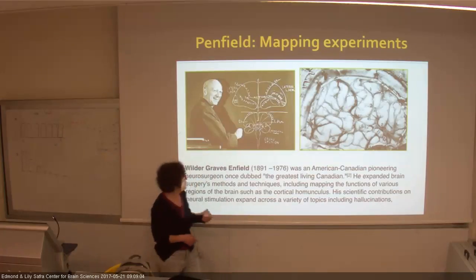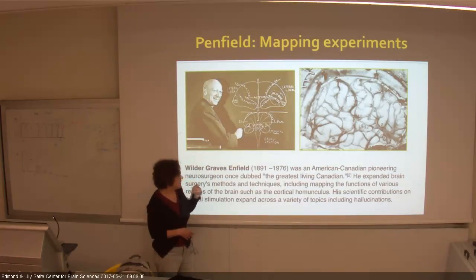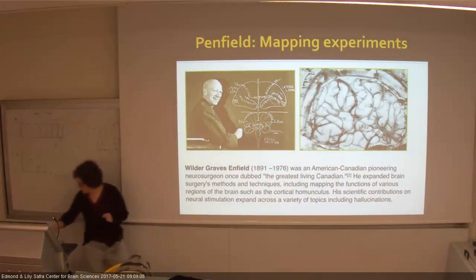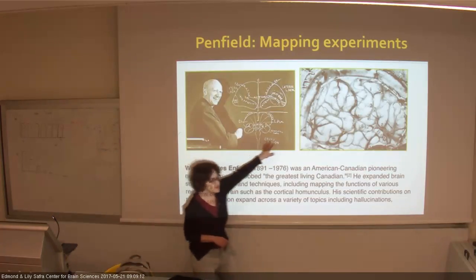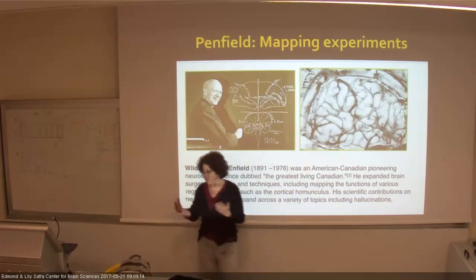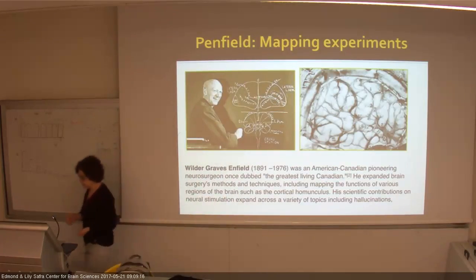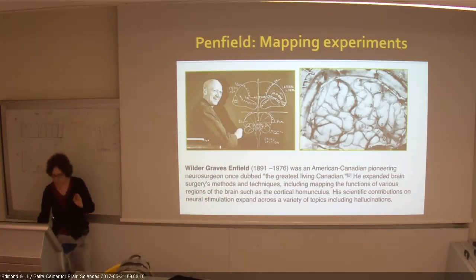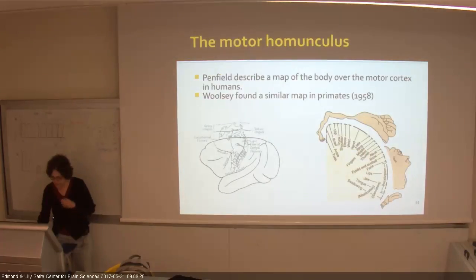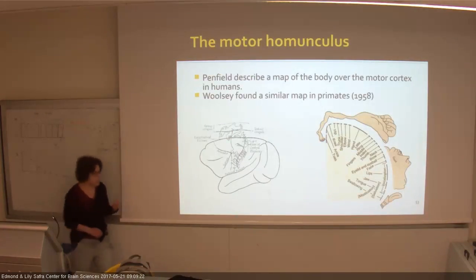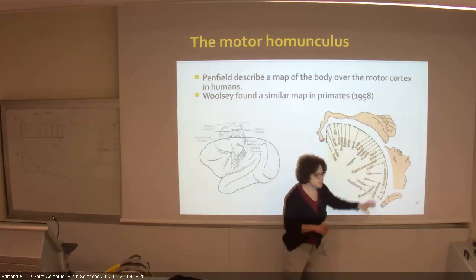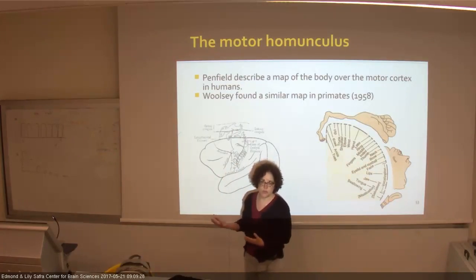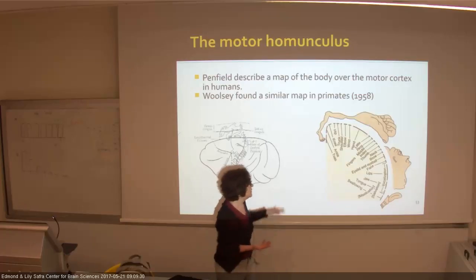All this work was done in humans who went through brain surgery. You expose the dura and stimulate over the brain, and what he described is an organized homunculus that had all the properties of the homunculus that people found in sensory areas.